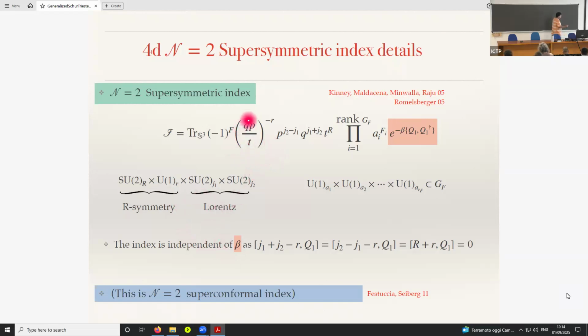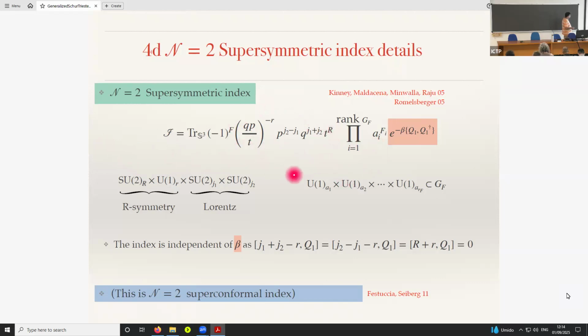So the index has the parameters q, p, and t. It's some choice of parameterization of fugacities: there is a parameter t, which couples to the Cartan of the SU(2)_R symmetry, and p and q couple to combinations of the Cartans of the two SU(2) symmetries. Notice that we have only three parameters here, although we have more symmetries. This is due to the fact that we want to compute an index, a type of Witten index.